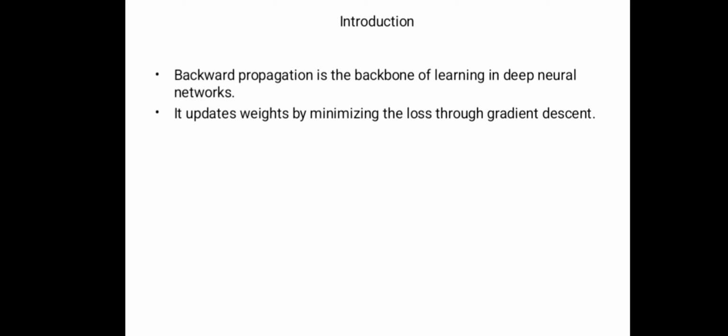Backward propagation is the algorithm that tells the neural network how to adjust its internal parameters, called weights, to reduce this error. It does this by using a method called gradient descent, which we will explain in upcoming slides.